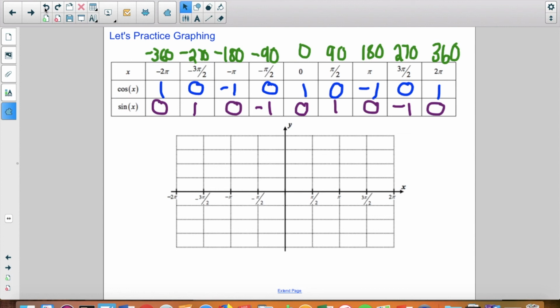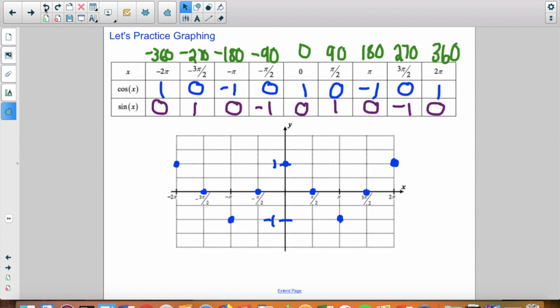Cosine of negative 2 pi was 1. Let's first figure out where 1 is going to be here. I'm going to make 1 two spaces up. So negative 2 pi, 1. Negative 3 pi over 2 is 0. And then negative 1, 0, 1, 0, negative 1, 0, 1.